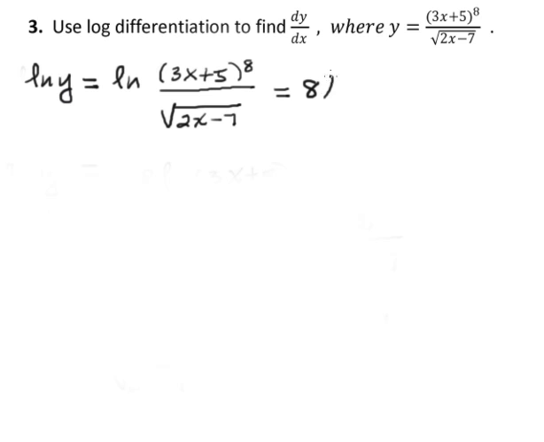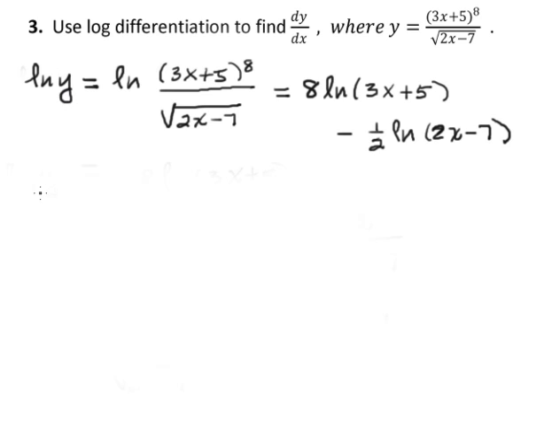So we have 8 times the log of 3x plus 5 minus 1/2 log 2x minus 7. So now this right-hand side is easier to differentiate. Let's differentiate both sides.